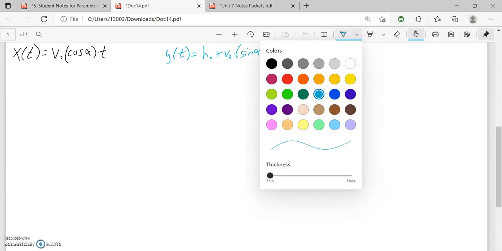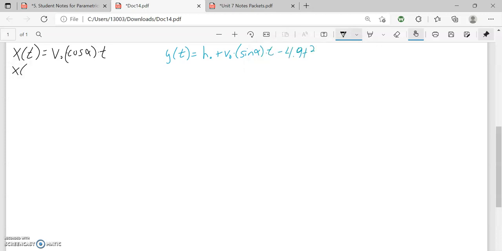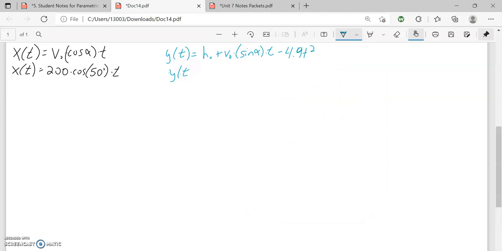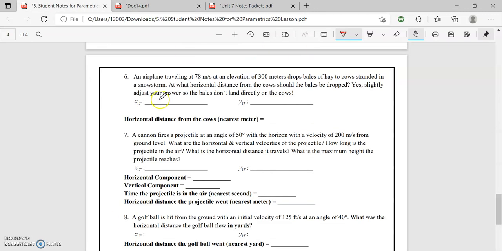As we go back and plug in the information we know, x of t is equal to 200 cosine of 50 degrees times t. And we can come over here with the y. For h naught, it says in the problem, very conveniently, that a cannon fires a projectile from the ground.